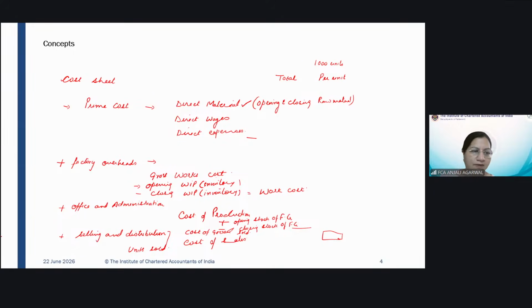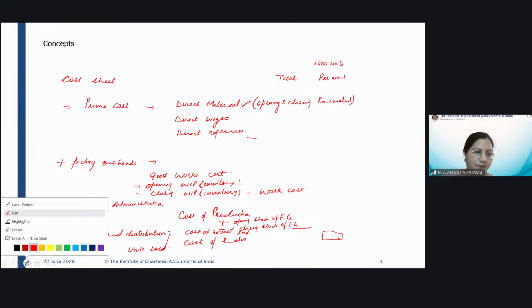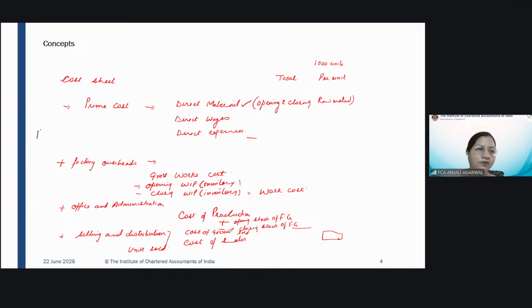So if you had, for example, finished goods opening units 200 and closing stock of finished units was 300 units. So your cost of production was for 1000 units.